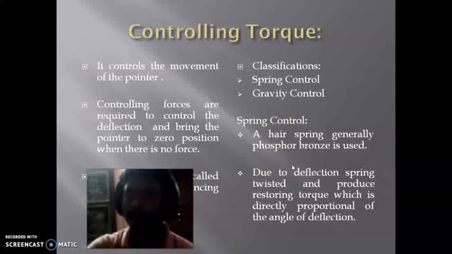So generally phosphor bronze is used, and that is formed in a hairspring manner, and due to deflection the spring is twisted and produces restoring torque which is directly proportional to the angle of deflection.